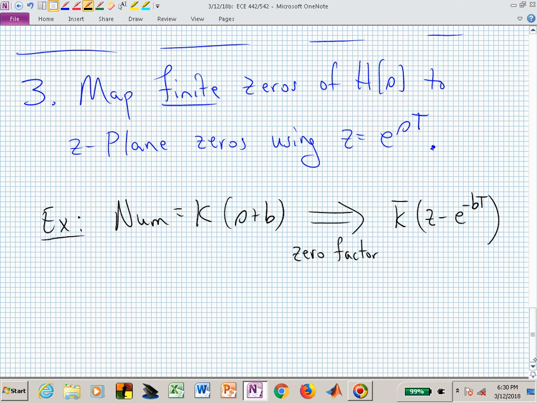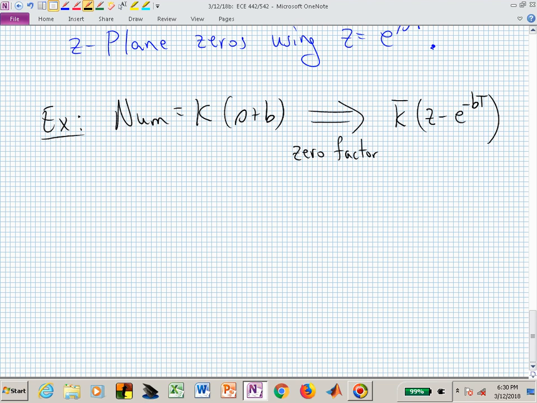That's how you would map that real pole at minus b into its numerator factor to give me a zero factor. Now let's get into the fun part, which are the infinite zeros.